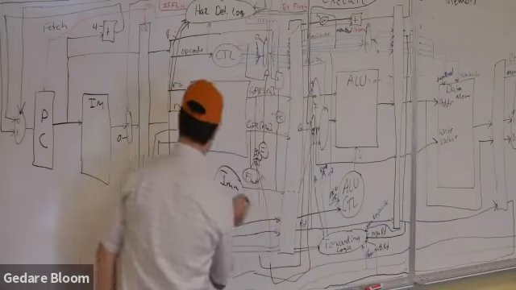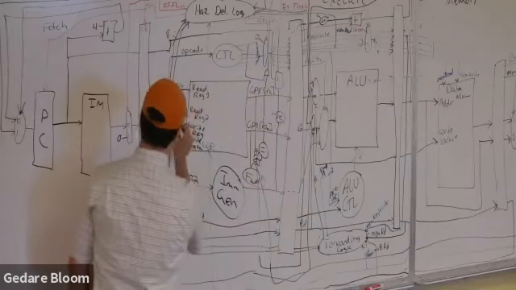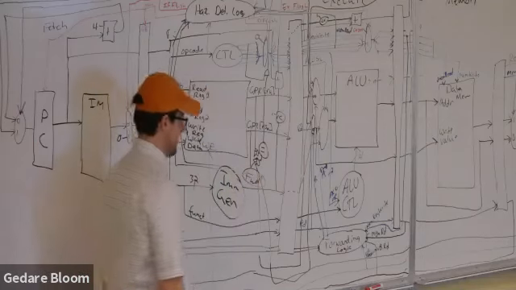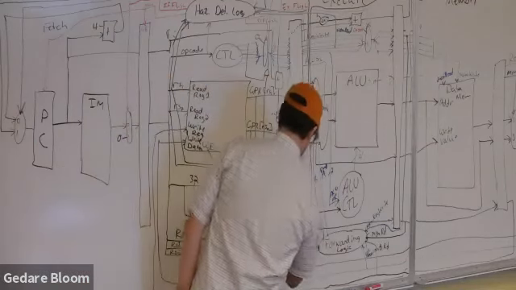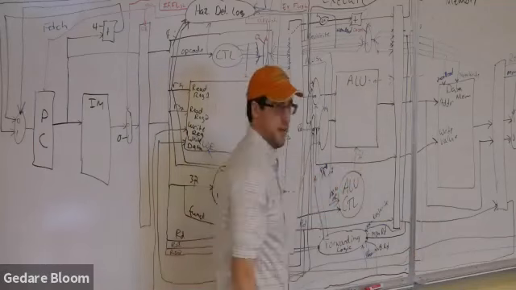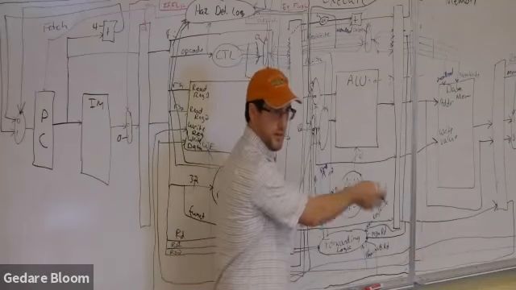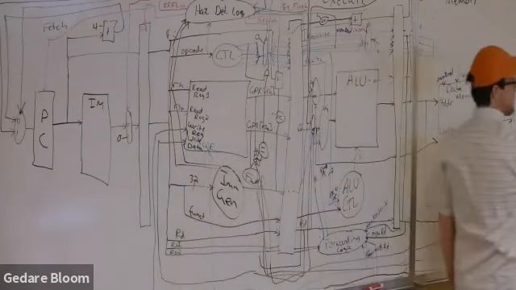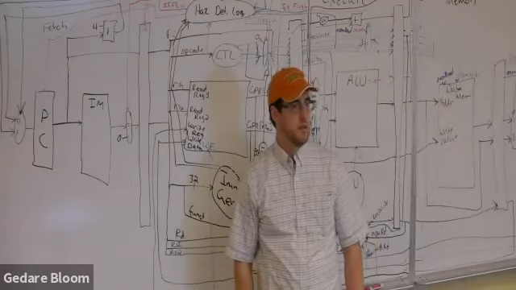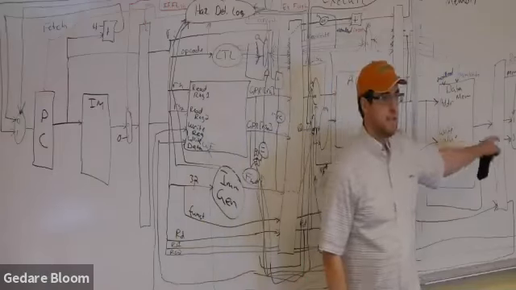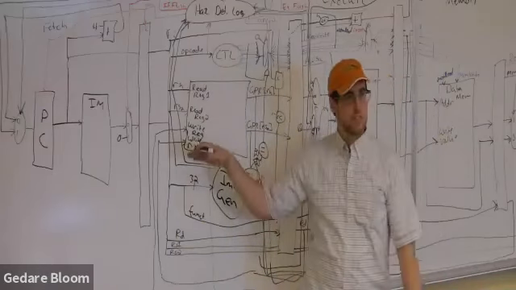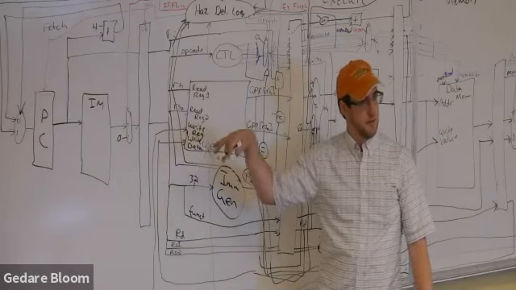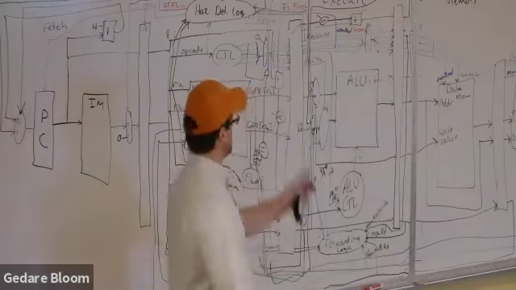And it needs to be able to compare the RS1 and RS2 of my branch instruction with the destination registers of instructions further down the pipeline to know if I should use the forwarded value, so that I can forward from execute or memory back into decode. I don't have to forward from write-back into decode because I read from the register file. I write to the register file in the first half of the clock cycle. So that part's safe.